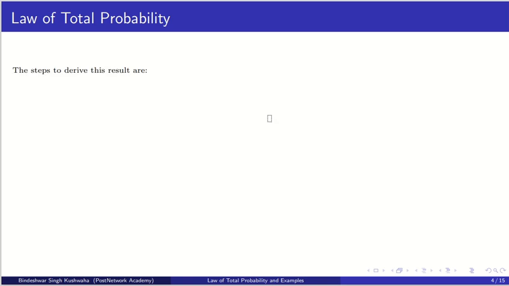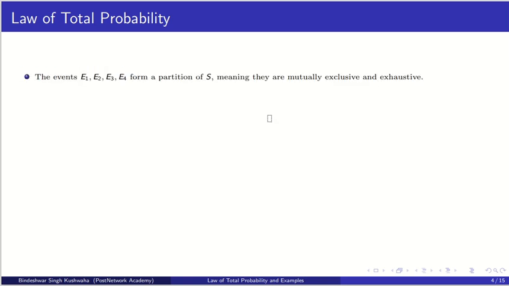The steps to derive this result are: the events E1, E2, E3, E4 form a partition of S, meaning they are mutually exclusive and exhaustive.